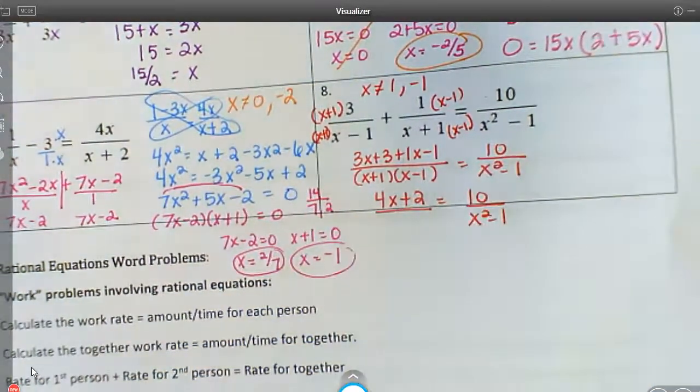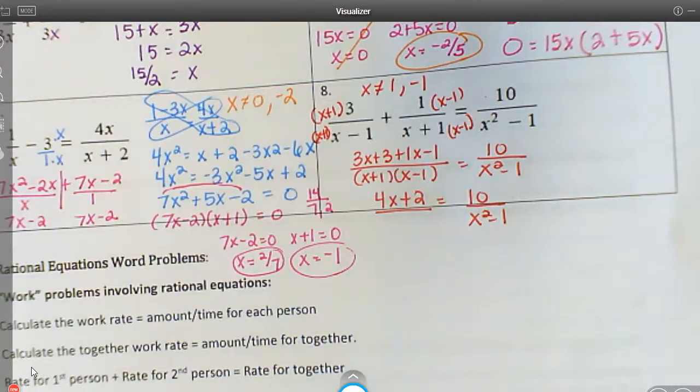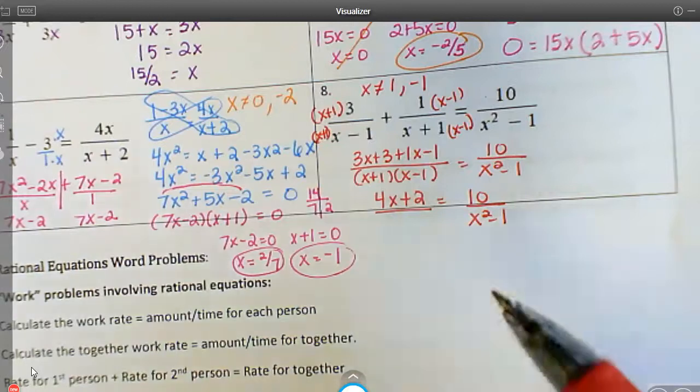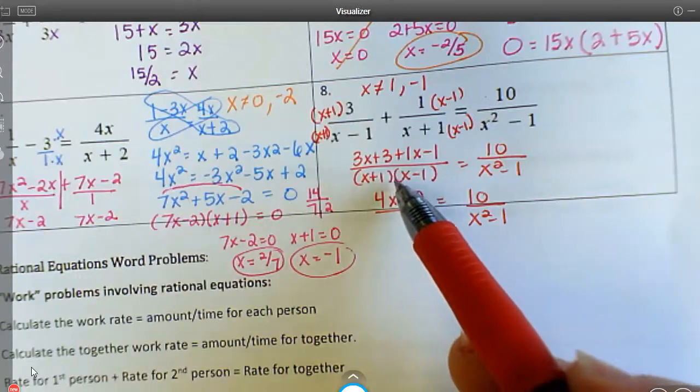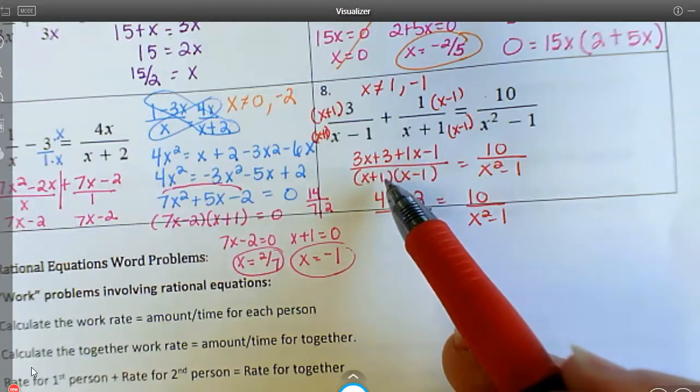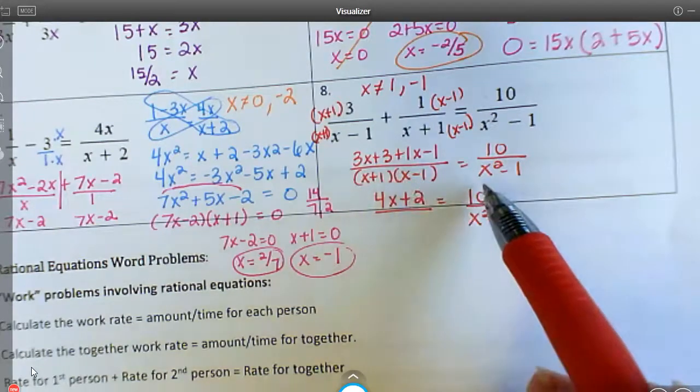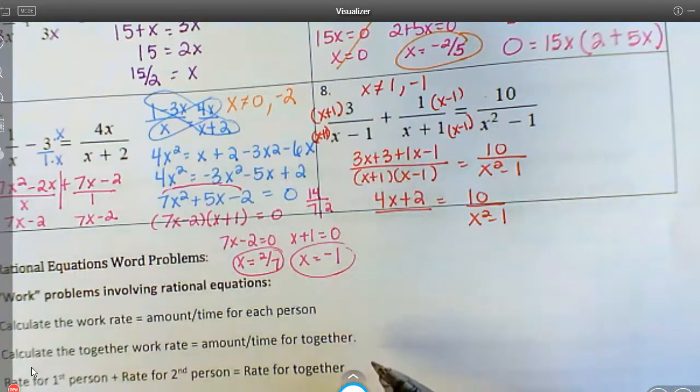Now, most of the time I've told you when things are factored like x plus 1, x minus 1, not to multiply it out. But when I solve this, I'm going to have to do 10 times that. And because it's multiplied like that, when I multiply that 10, that's going to be really strange. So I do want to go ahead and multiply here because I'm solving an equation. Okay?